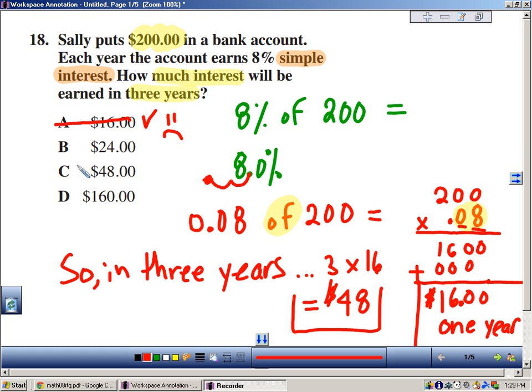And that is the answer. Again, I really drew this question out. I hope it makes sense. Here's the next one.